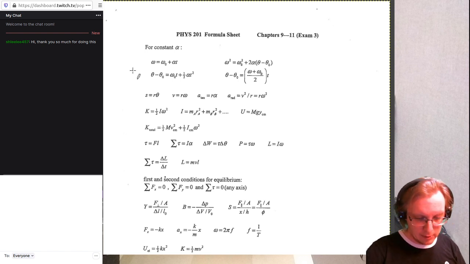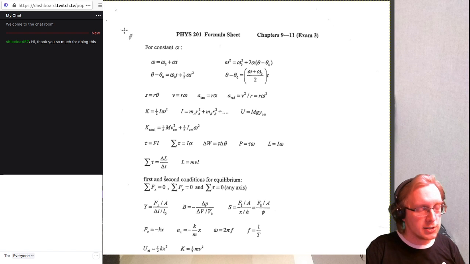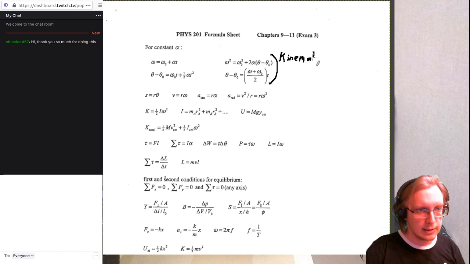as I like to start out, I like to start out by talking about the equations at hand in the exam at hand. All right, so we have the first, these 4 equations here. These are the kinematic equations of motion.